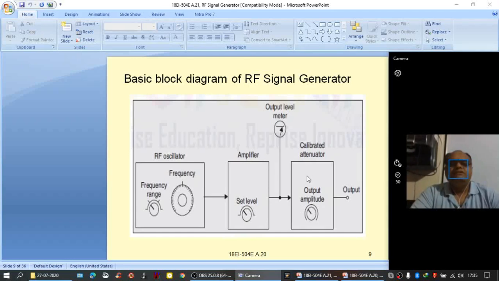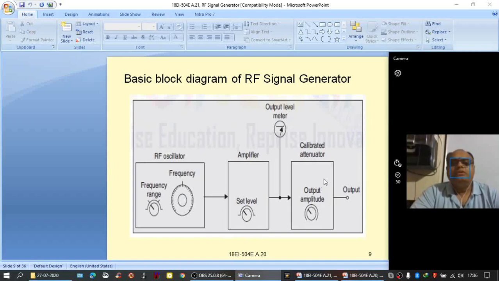That means, let us suppose that the attenuator has got 4 different ranges, say 0.1 millivolts to 1 millivolt, then 1 millivolt to 10 millivolt, 10 millivolt to 100 millivolt, like that.